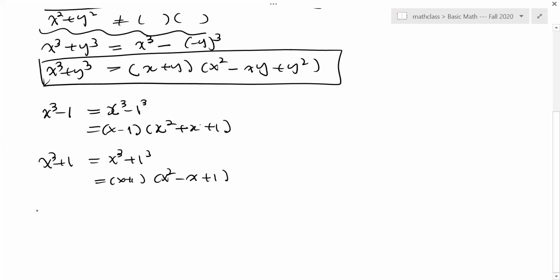So now let's look at the next problem. Factor 4x minus x cubed. That means you have to express it as a product of several terms.